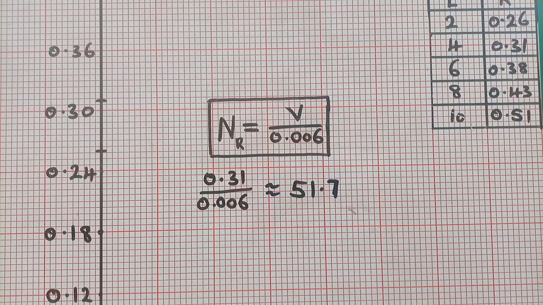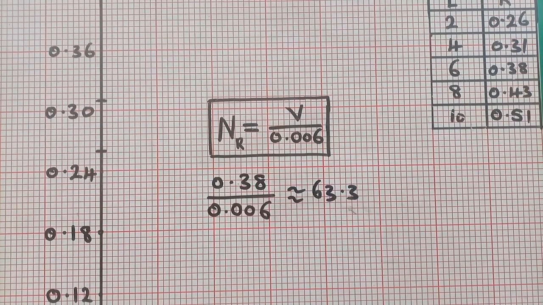Let us now go and locate the position of this 0.38. The same thing is to be done. To locate this 0.38, we replace this V by 0.38, giving us 0.38 over 0.006, and that is approximately equal to 63.3.